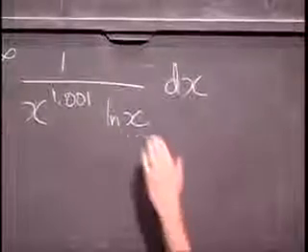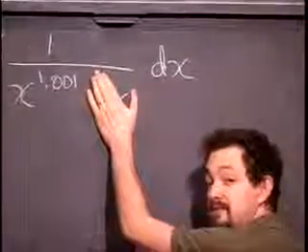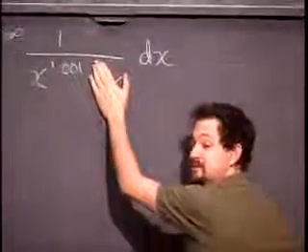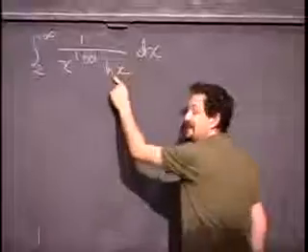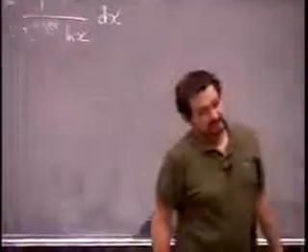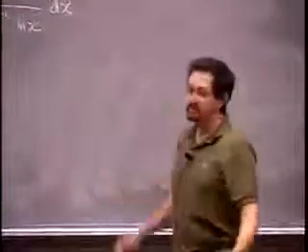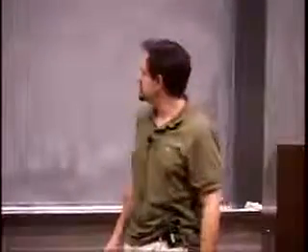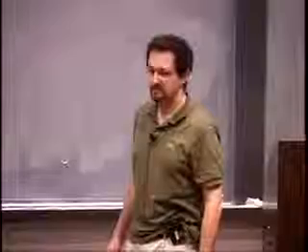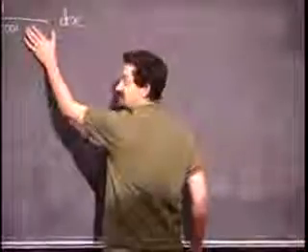Now, the log x not there. Does it converge or diverge? Converges. The log x actually helps you because it's big, and when you put something big on the bottom, it becomes small. This is actually smaller than the original without the log x. And that's good.